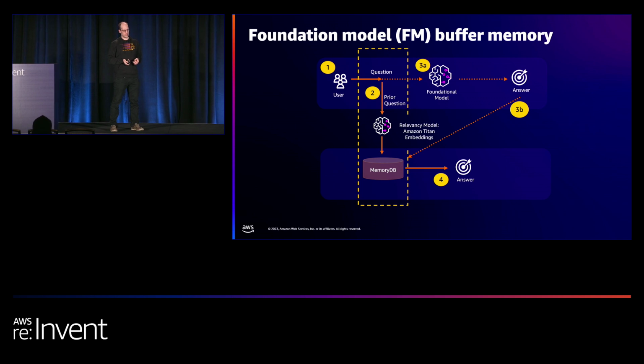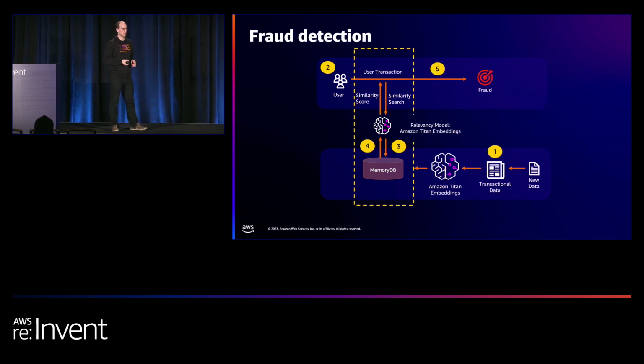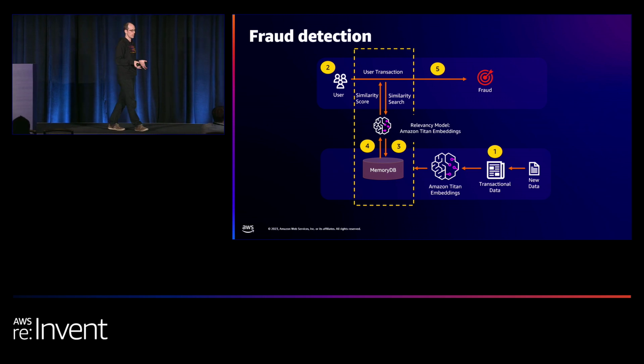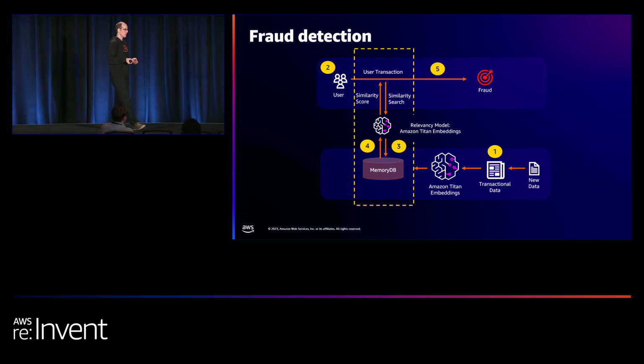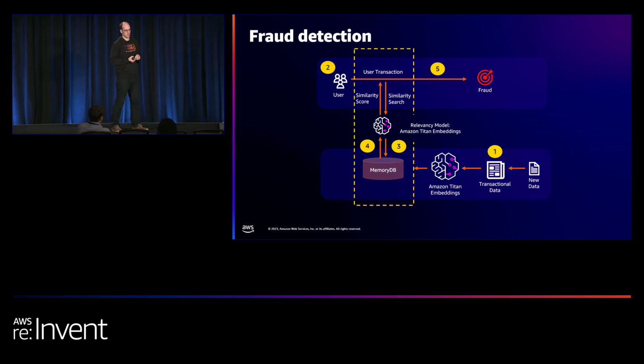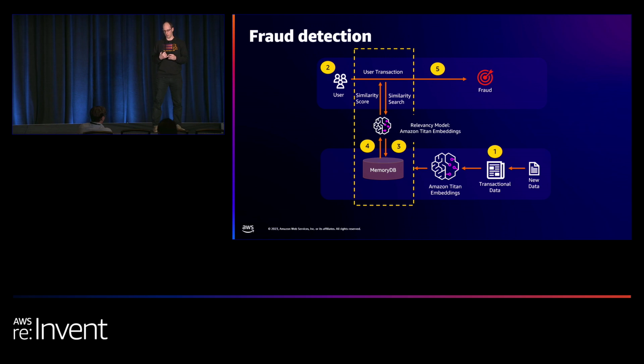And the third use case that I want to cover, which is not based on GenAI, is fraud detection, which is really well suited for MemoryDB's high performance and low latency vector search capabilities. For this use case, you would look at the historical data, the historical transactions, convert them into vectors, and store them in MemoryDB.